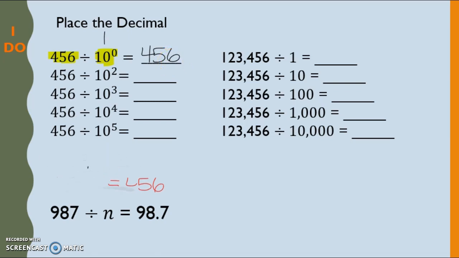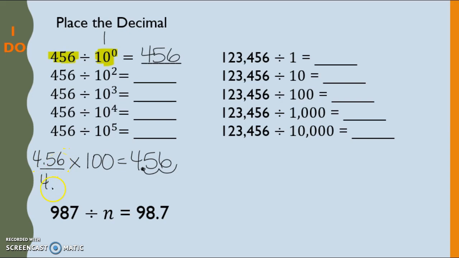Let's look at the second one. Remember, our strategy is to use inverse operations to help us think about this problem. 456 divided by 10 to the second power is the same thing as some number times 100 equals 456. What number times 100 equals 456? Well, if I move my decimal point 2 times to the left, that's 4.56.